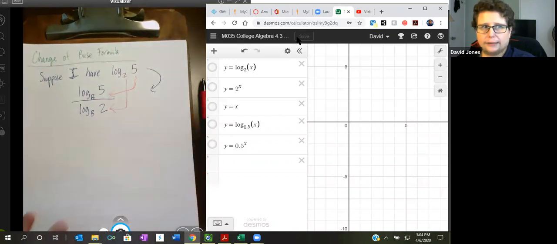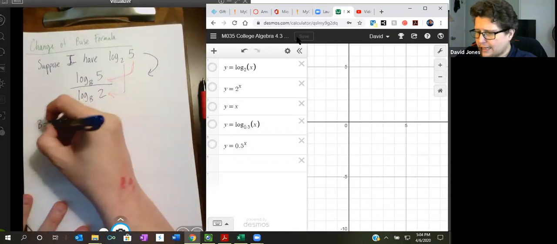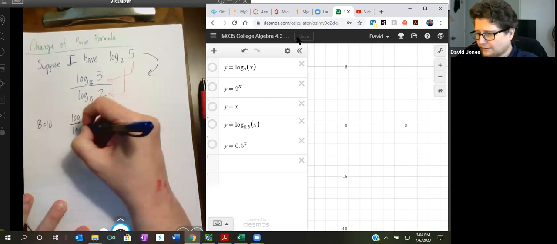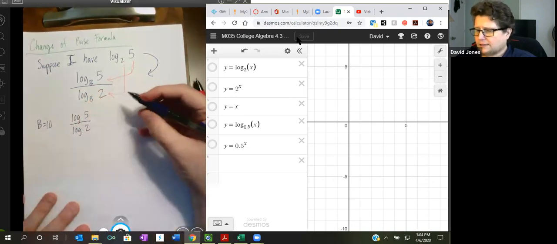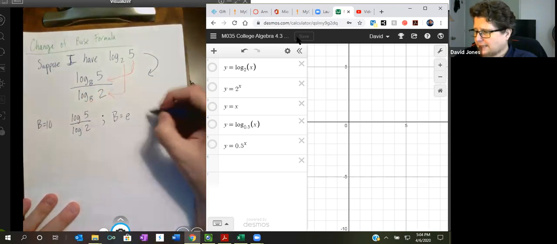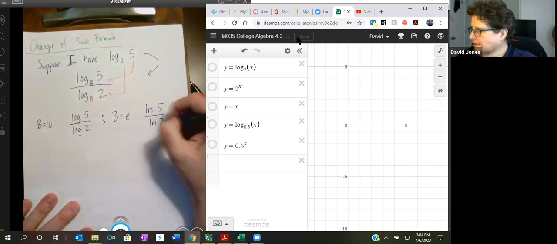Any base I want. So I could do b equals 10, and this works in the calculator just fine. Or I could do b equals e, and I could have ln of 5 over ln of 2.